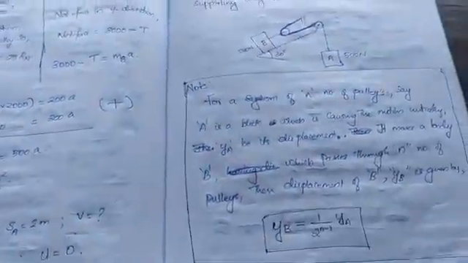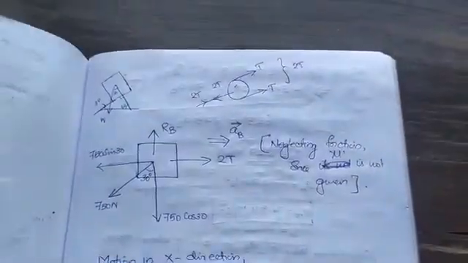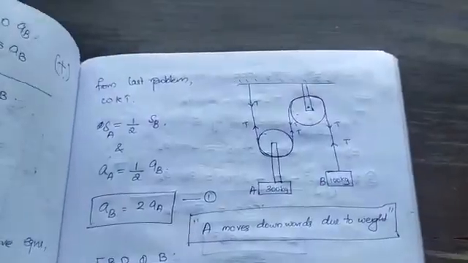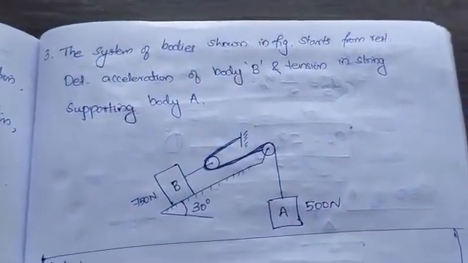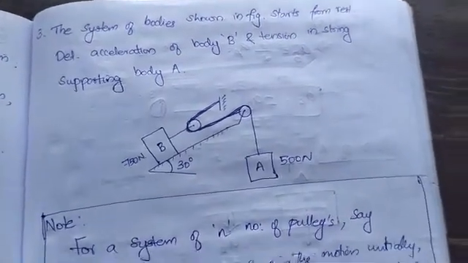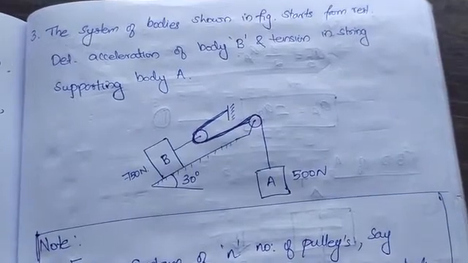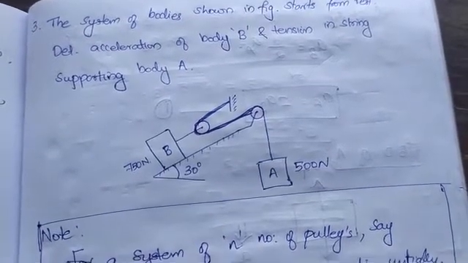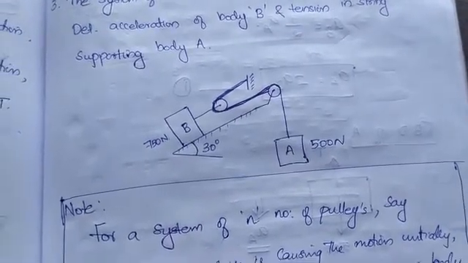Now we'll do one more problem which is very interesting. The system of bodies shown in figure starts from rest. Determine acceleration of body B and tension in string supporting body A. Apart from the other two problems, there is a small difference here.